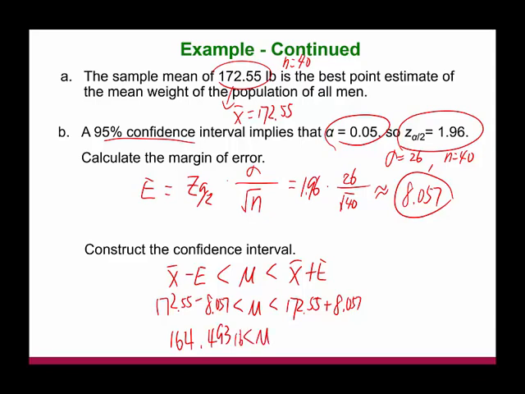The unit is pounds. Adding the margin of error to the sample mean for the upper limit, we get 180.607 pounds. Okay, so this is the 95% confidence interval.